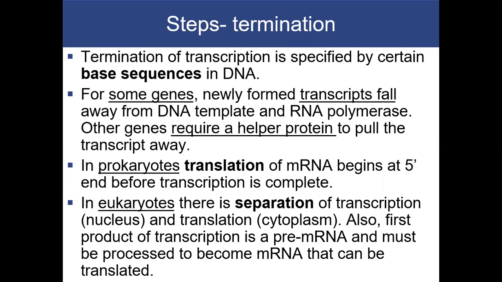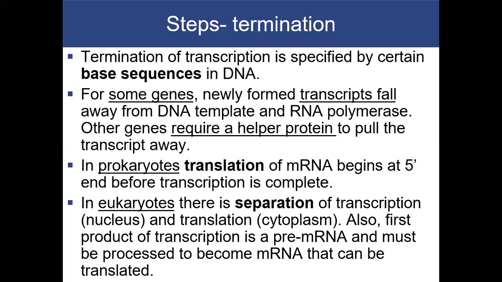Those are the stop codons. We will look at codons today. So for some genes, the newly formed transcript just falls away from the template when it reaches that stop codon. But for others, they require a helper protein to pull the transcript from the complex.